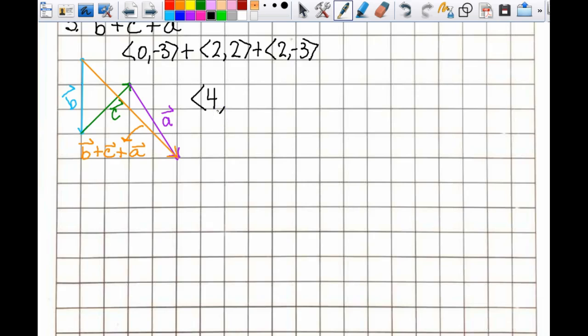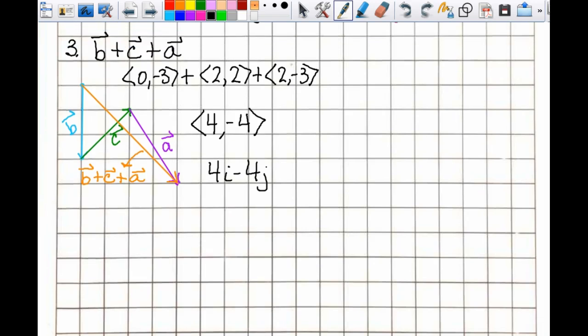You add all the y's together and you get negative 4. Right? There's your component form. IJ form would look like what? 4i, good, minus 4j. Everybody okay with that one?